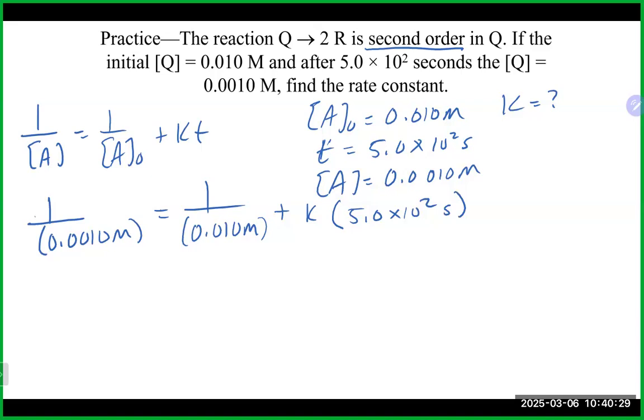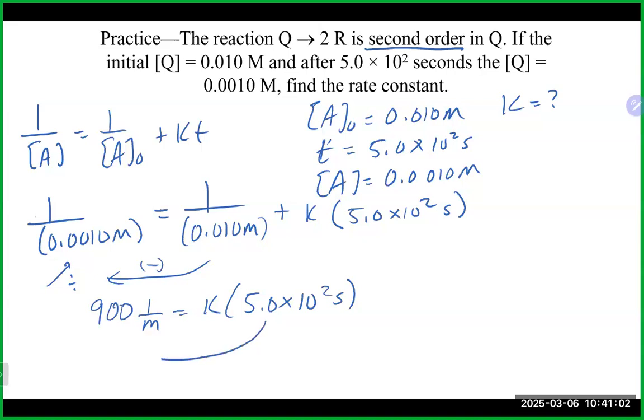I'm going to basically divide that on this side, then bring this over and subtract it. So if you do that, go 1 divided by 0.001, hit equals, minus, open a parentheses, 1 divided by 0.01. That's going to get me a 900 over here. 1 over molar is our units, equals k times 5 times 10 to the 2 seconds.